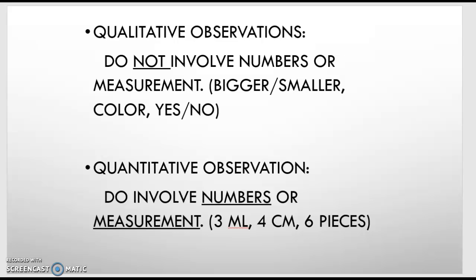So if we are thinking about our garden again, a quantitative observation could be to go and measure how tall the plant is, or to count how many plants there are. Or to count how many leaves there are on the plant. So a quantitative observation has to do with a number or measurement.